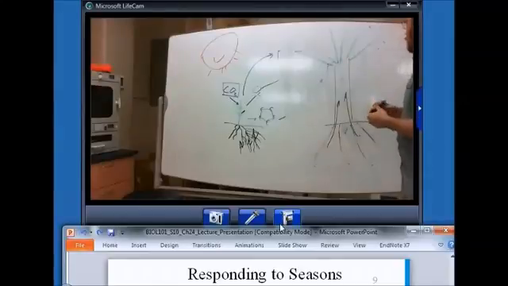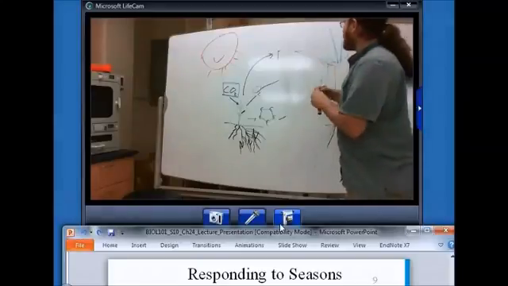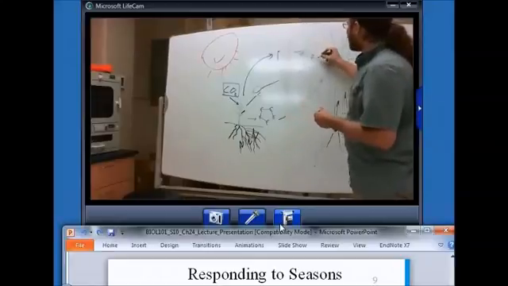And so what happens is when winter's coming and it can't photosynthesize, it simply does not want to spend the energy to maintain those leaves. It's not going to need them.